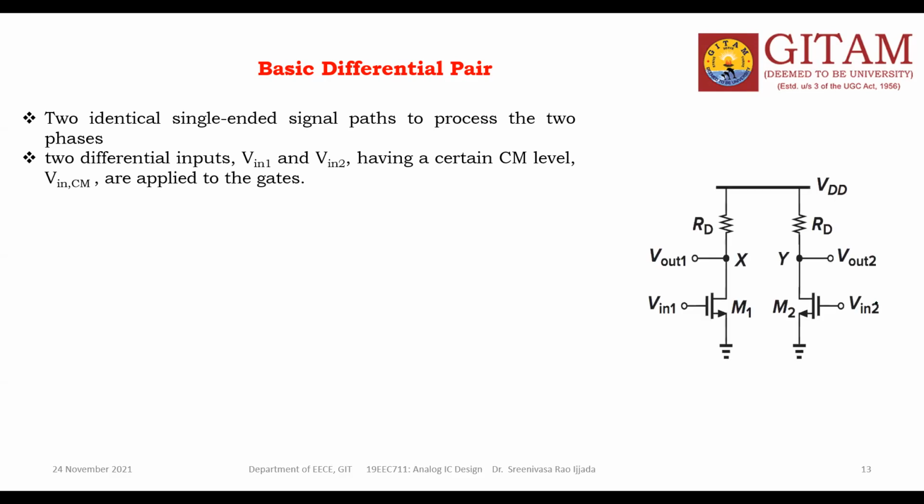Yes, this is the basic circuit of the differential pair. This is one branch, this is one more branch. Both the sources are tied together to ground. This is one output node, this is one more output node. The difference of these two nodes is your output.